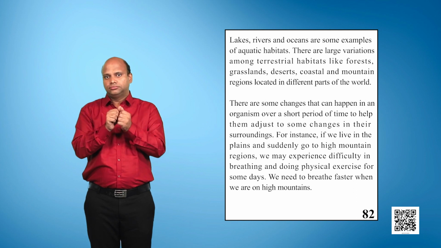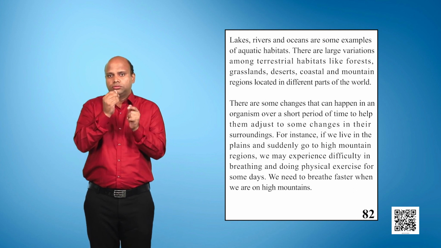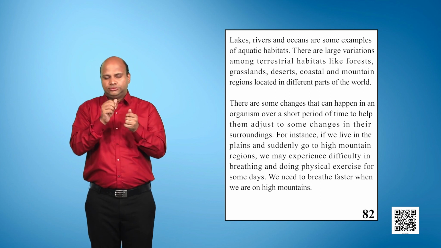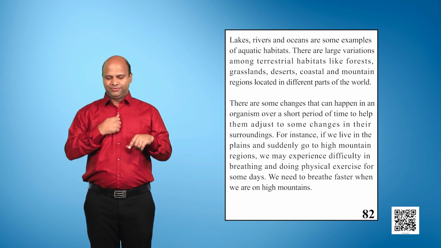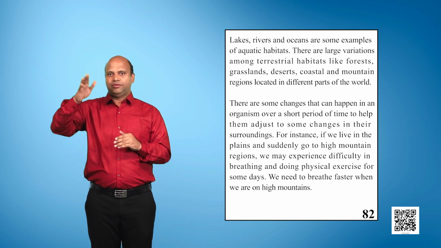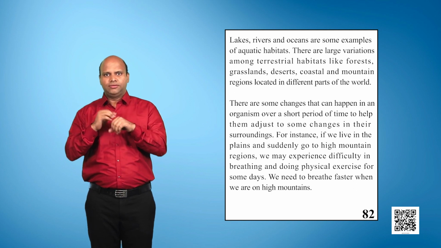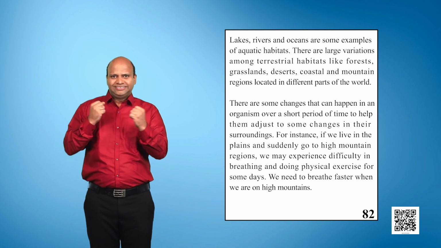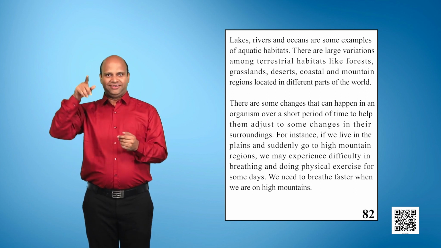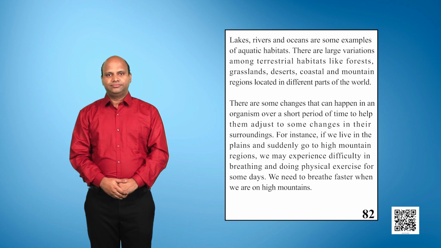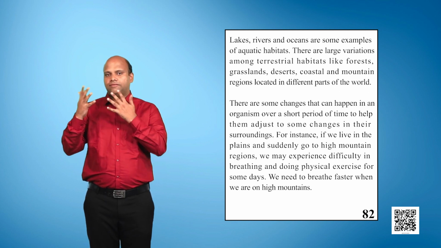There are some changes that can happen in an organism over a short period of time to help them adjust to some changes in their surroundings. For instance, if we live in the plains and suddenly go to high mountain regions, we may experience difficulty in breathing and doing physical exercise for some days. We need to breathe faster when we are on high mountains.